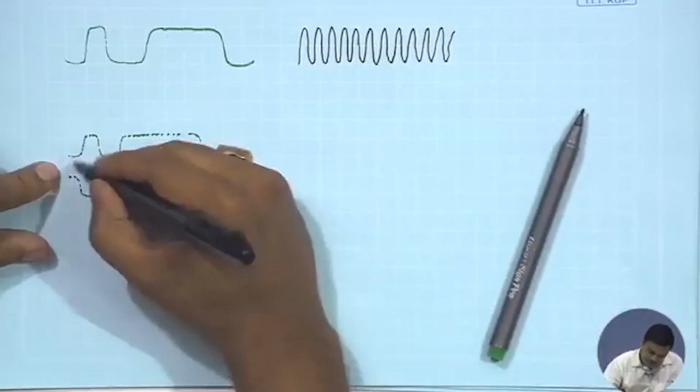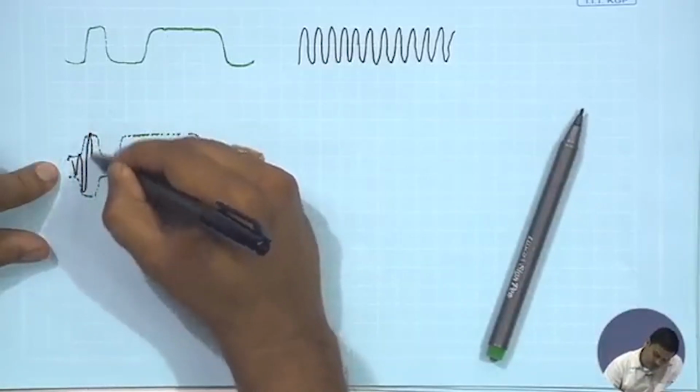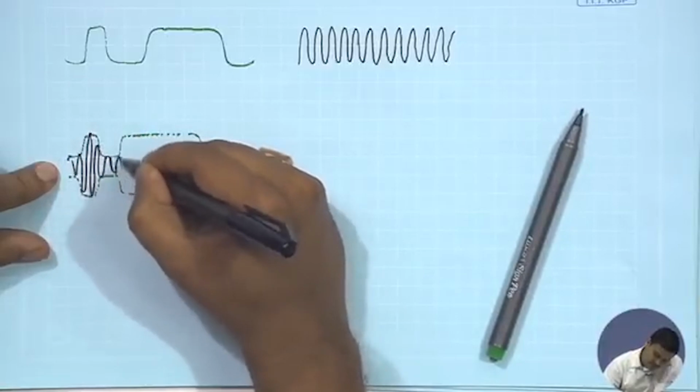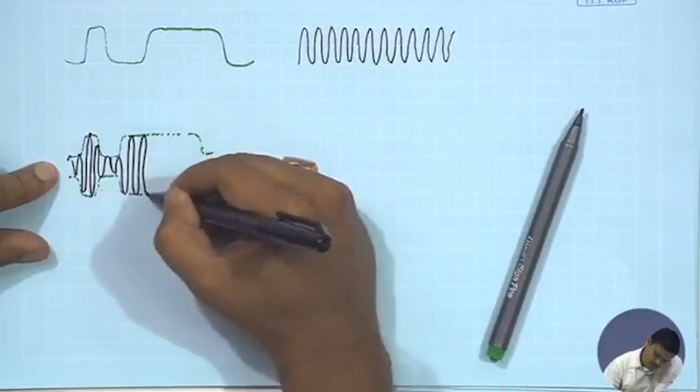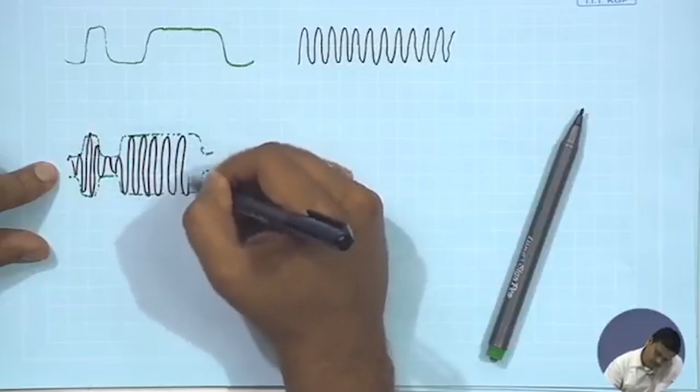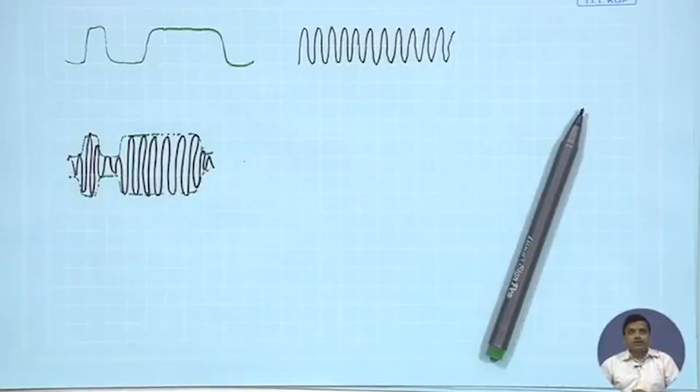That's it. Then it is just the earlier amplitude modulation that I could be using, and my new modulated signal would be like this.